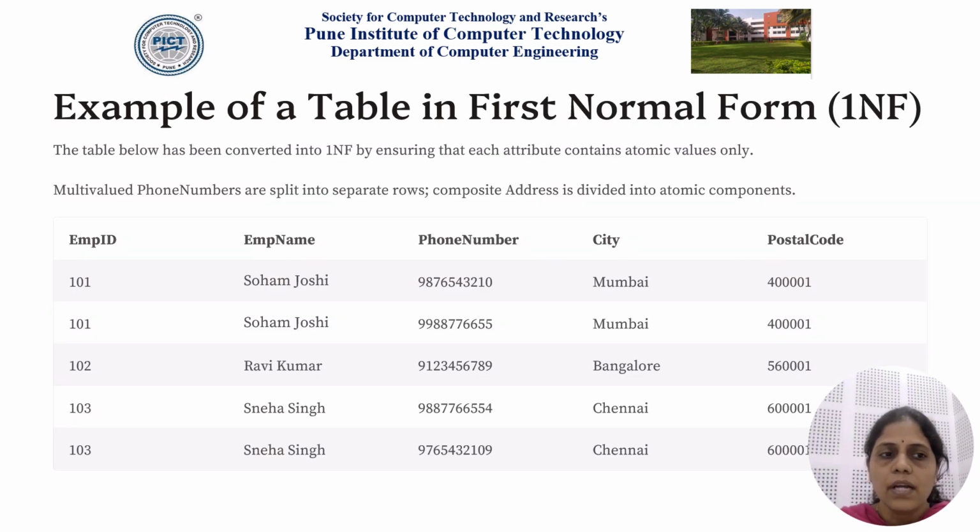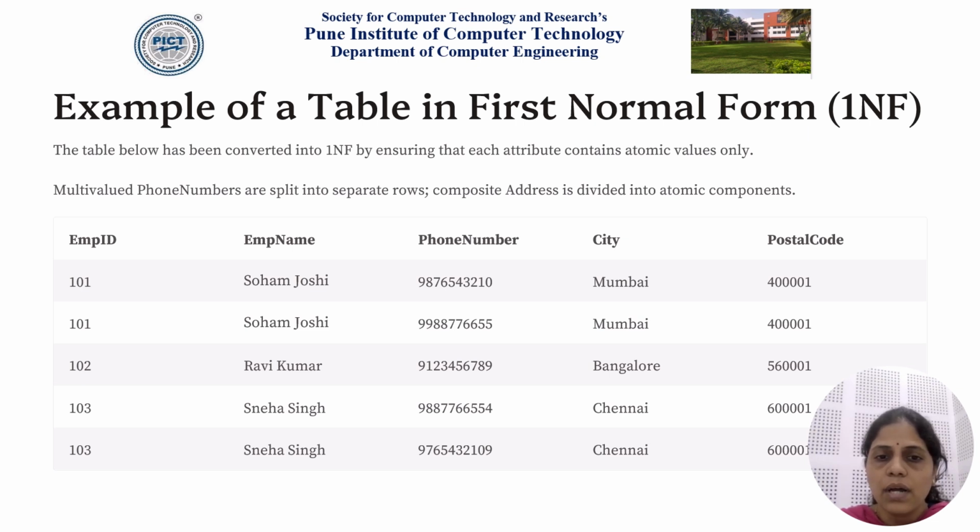The previous example we discussed is not in 1NF. This is the complete example, converted into 1NF. We have created separate entries for the phone number. As in the previous case, Soham Joshi has two phone numbers. For the first value of the phone number I created a separate row, and for the second value I created another row.